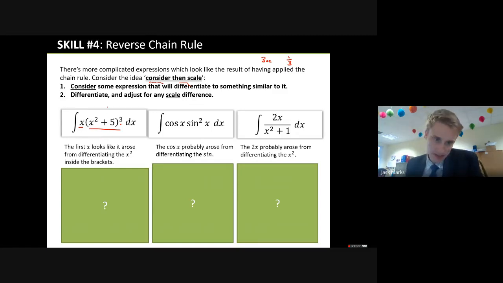And what I notice is that there's a relationship between x squared plus 5 and the x on the outside. The relationship that I'm looking for is the fact that this bit inside the brackets differentiates to something pretty close to the thing outside. At least the powers sort of work, which is really what I'm looking for.